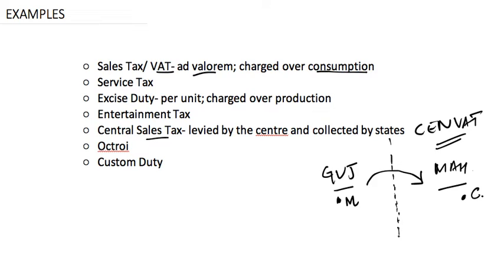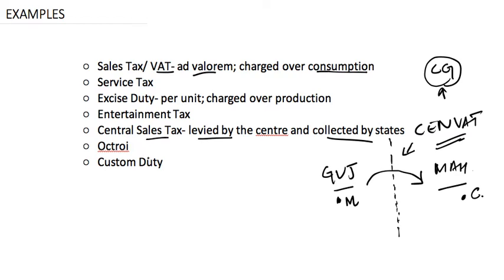In this case, how will tax be chargeable? In this case, central VAT comes into play, and when the borders are crossed, central VAT is to be paid by one party or the other and given to the central government. So, it is levied by the center, collected by states. It is collected by states, but it goes to the central government's lockers.